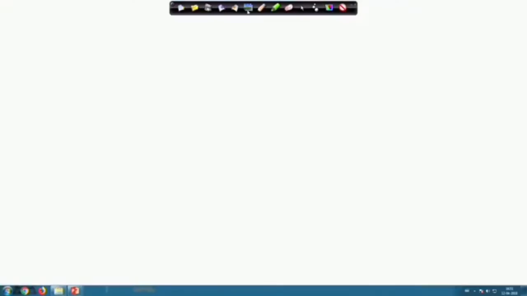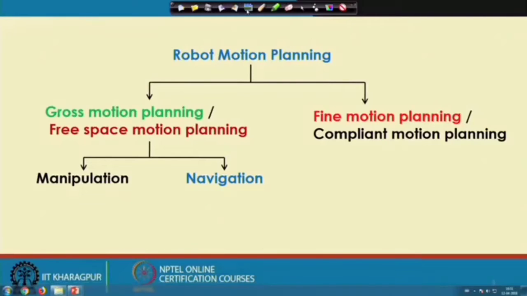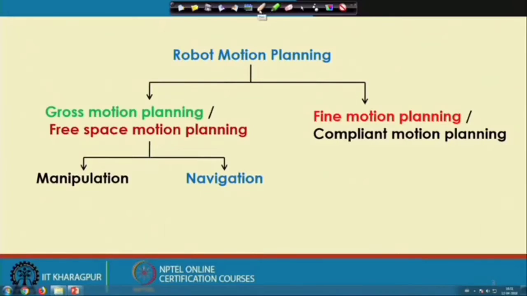So, this compliant motion planning or this fine motion planning is a bit difficult. Okay. And this gross motion planning or the free space motion planning is easy, I should say.